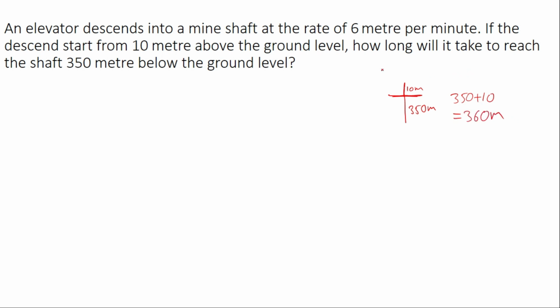What we have to find out, how long it will take, that means we have to find time. So we know time is equal to distance by speed. Distance is given as 360 meter, speed is given as 6 meter per minute.